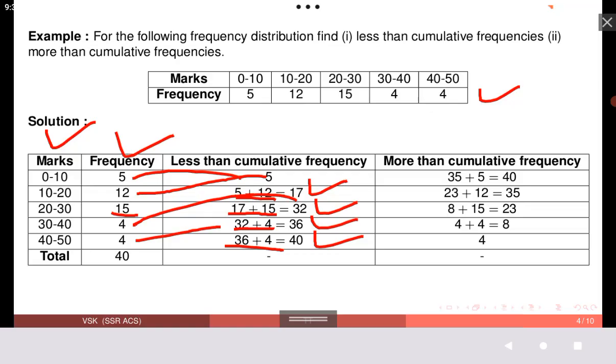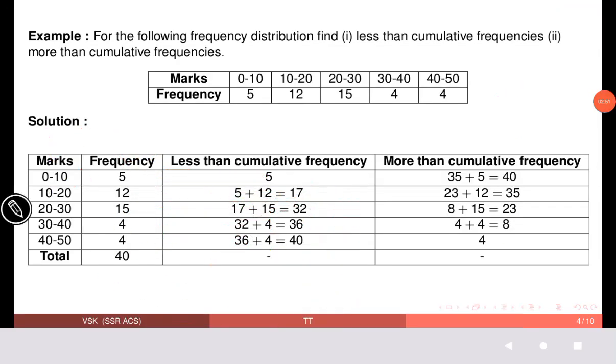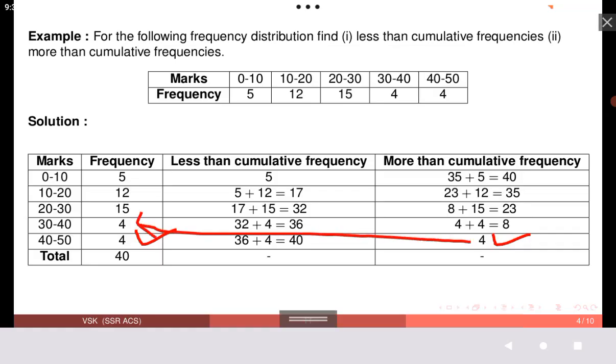In this way, we will make the less than cumulative frequency. And for the more than cumulative frequency, what will we do? First of all, we write this 4 as it is, and then keep on adding it to the frequency of the above class interval. So 4 plus 4 becomes 8. Now this 8 will be added to 15, so 8 plus 15 is 23.